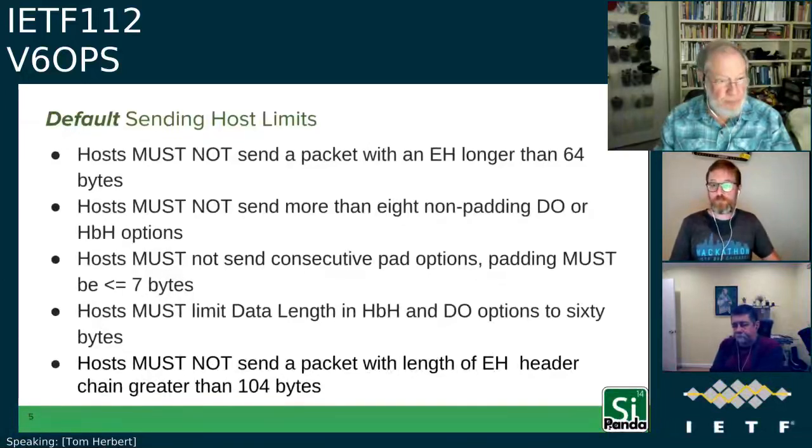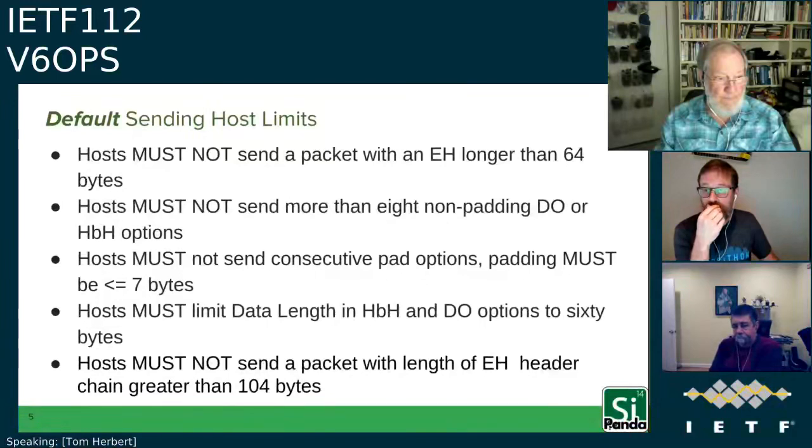By default, we mean a host that's sending extension headers, unless it knows that it can exceed these limits, these are what it's limited to send. And I'll get back in a minute to how we might have a priori knowledge of what we can send into the internet. The limits are specified in the draft. I won't go over them in detail.